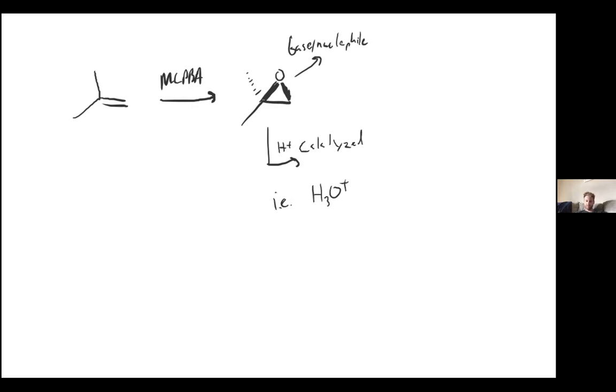For this, we're not going to protonate. Let's actually delete this. If I just take this epoxide as is, I throw in a nucleophile, it'll attack on the less substituted position.